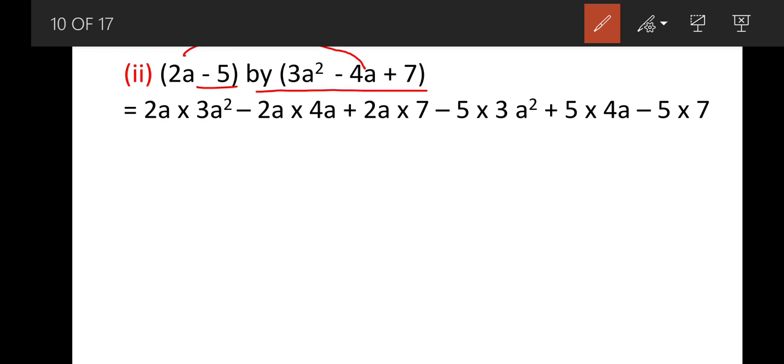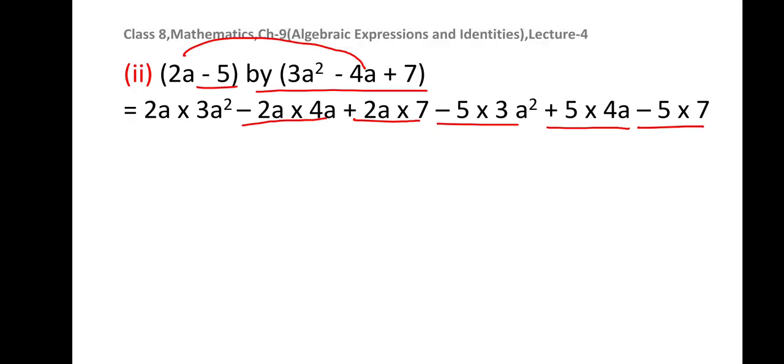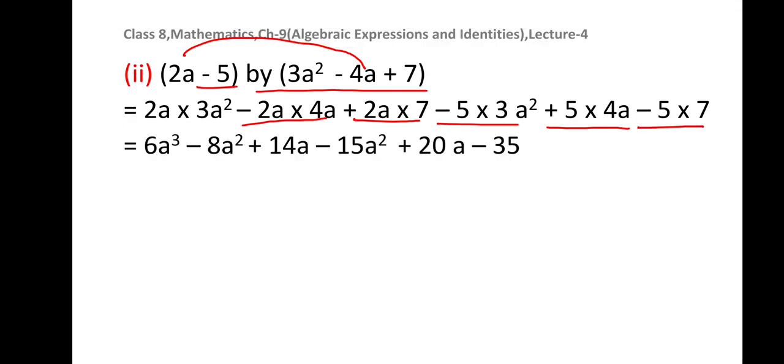2A into 3A square minus 2A into 4A plus 2A into 7 minus 5 into 3A square. Here it will be minus minus plus sign, so you will get plus 5 into 4A and then minus 5 into 7. What will you get after solving? You will get the answer as 6A cube minus 23A square plus 34A minus 35.